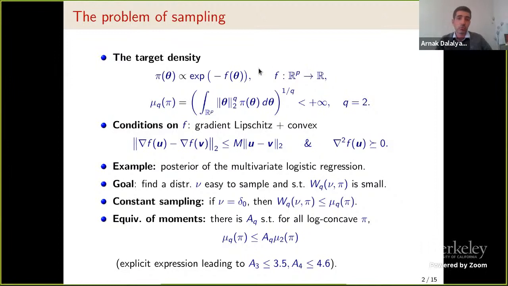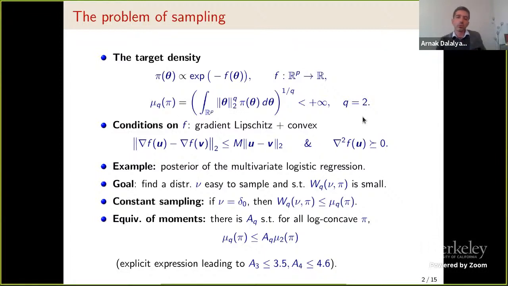We will not assume strong convexity on f, but in order to have some control on the flatness of f, we will assume some bounded moment assumptions. More precisely, we will denote by mu subscript q the moment of order q of the distribution pi, and we will assume that it's finite for q equal to 2.